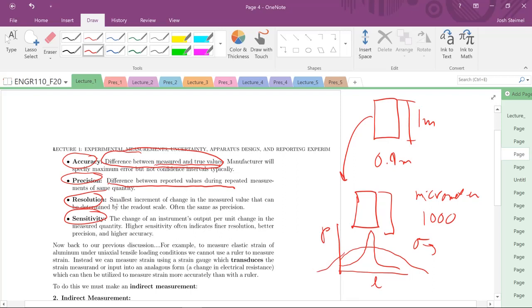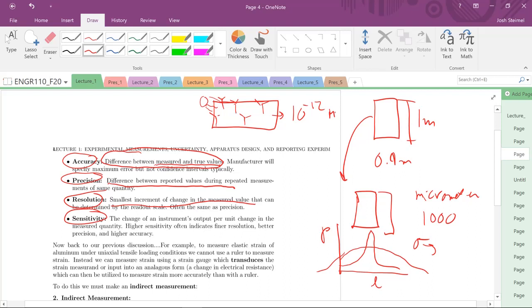And resolution is the smallest increment of change in the measured value that can be determined by the readout scale. Resolution basically says how much can you measure. So I do some research where I put biological ligands on a material, I roll magnetic particles across the surface, and I can detect particles at essentially picomolar, so 10 to the minus 12 molar concentrations, and even lower.